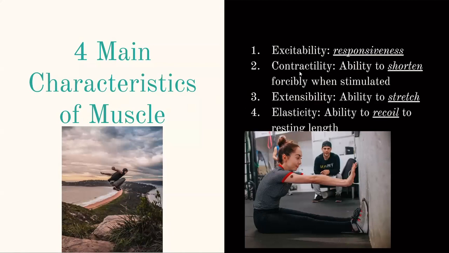Two, contractility, the ability to shorten. An example of that would be the cross bridge formation, the way your muscles have the ability to contract or shorten. And three is extensibility, the ability to stretch, and elasticity, the ability to recoil.